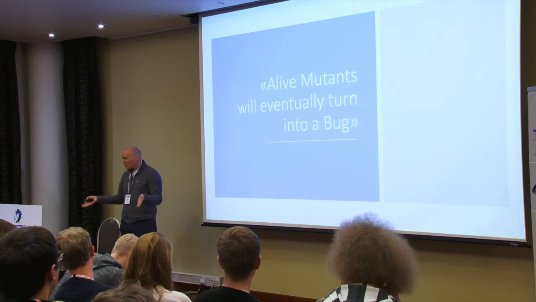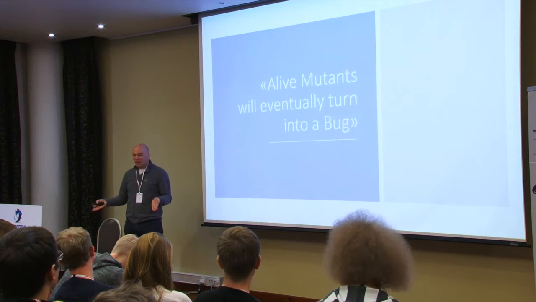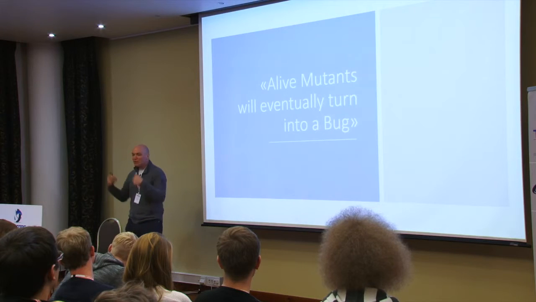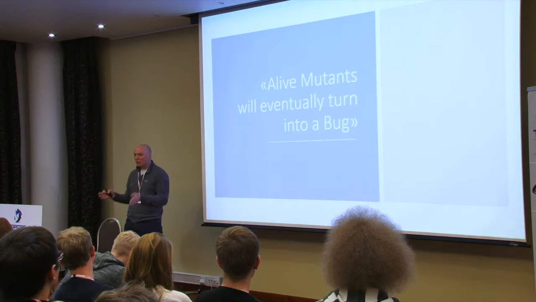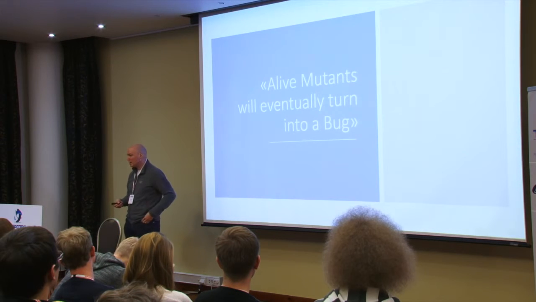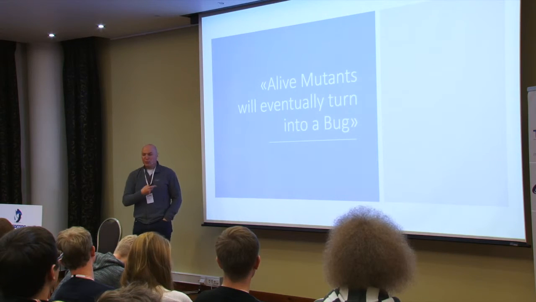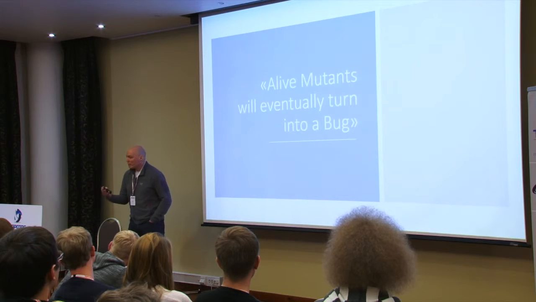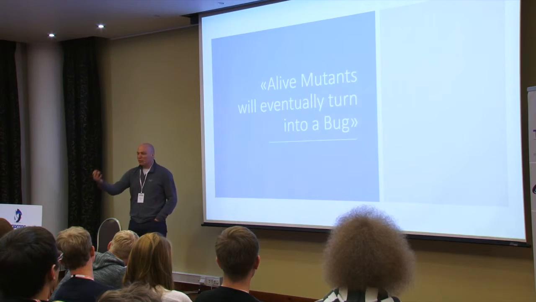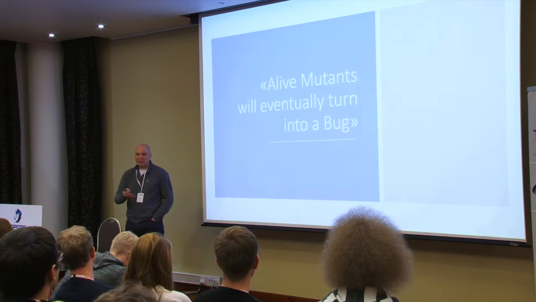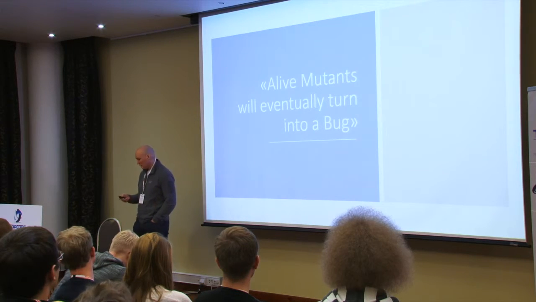When your test automation suite is green, you say, okay, in the future, when we modify the code, this test automation suite ensures we do not break anything. It's for regression testing. So when you have a live mutant, there is a likelihood that in the future, when you modify the code, you probably break something without recognizing it, because the test suite does not cover that particular area.